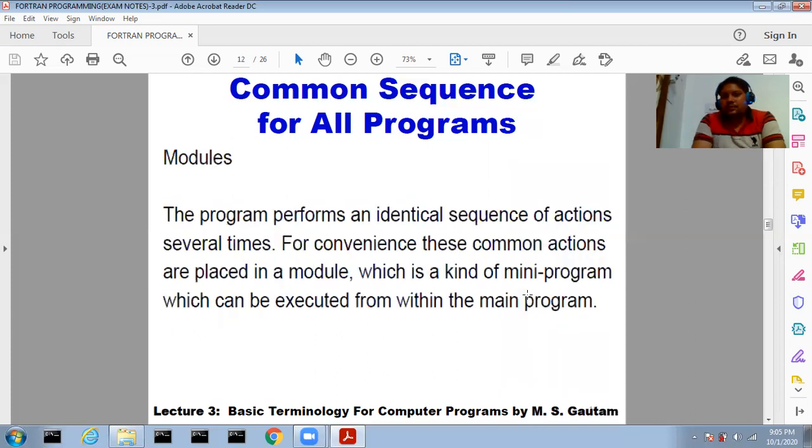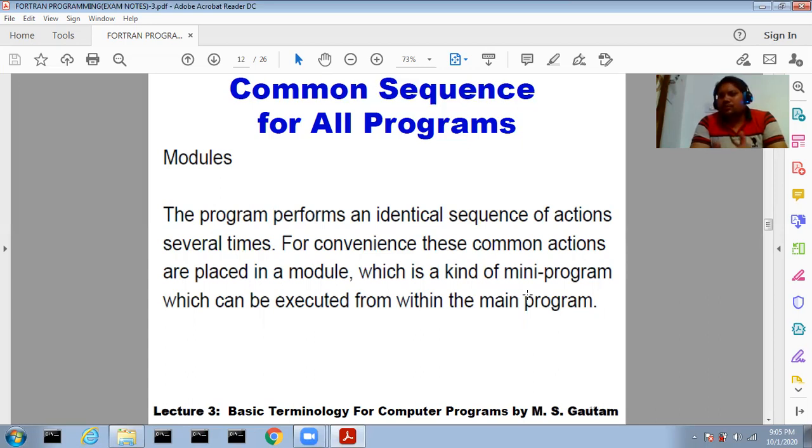Then modules. This is the fourth part of a program. Modules means a mini program, kind of like how we use poems in literature. In the same sense, it is a mini program inside the main program, and it is also a part of the main program.